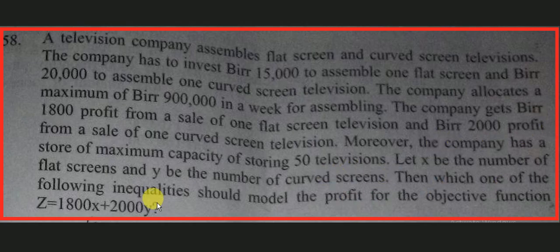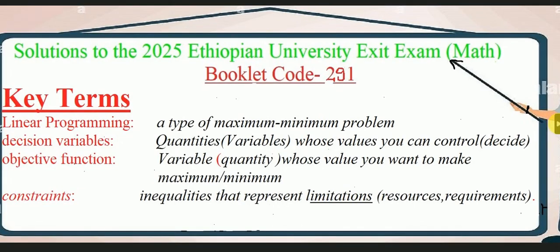Then which one of the following inequalities should model the profit for the objective function? አሁን profit ምናምን ምለው ሳይሆን የተጠየቀው ዋናው ጉዳይ እዚህ ጋር, which one of the following inequalities should model constraintoቹን ፈልጉ. ጥያቄው እዚህ ጋር constraintoች ናቸው የተጠየቁት, ማለት የሪሶርስ ሊሚቴሽን የሚያሳይ inequality restrictions.